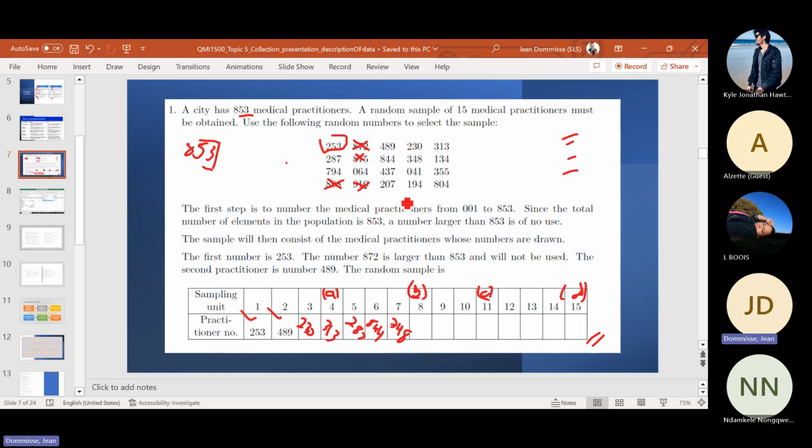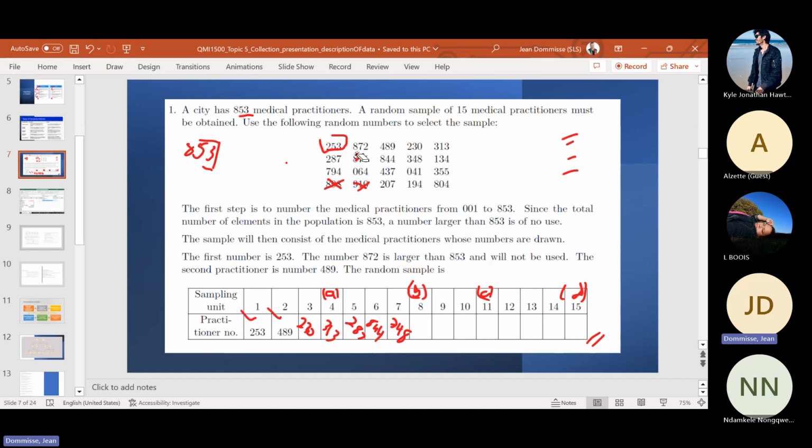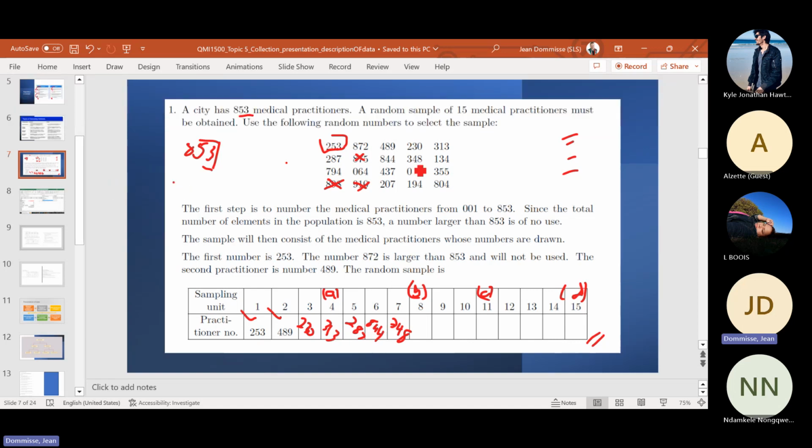If it was me, I would have had something like this just to test that you understand that, because that is testing if you understand what the random sample generator is doing, more than writing down the other numbers. It makes you understand that you can't have a number that is 872, because it just doesn't make sense.